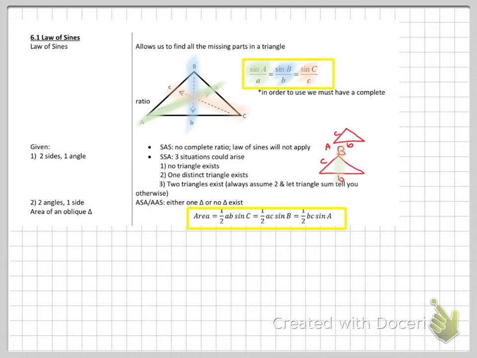So I will show you an example like that so that you know when one triangle exists, no triangles exist, or two triangles exist. But just know side-side-angle, kind of a lot going on. Otherwise, angle-side-angle or angle-angle-side, you'll either have one triangle or it won't work at all. So the one we really want to be careful of is side-side-angle. Okay, let's do an example.